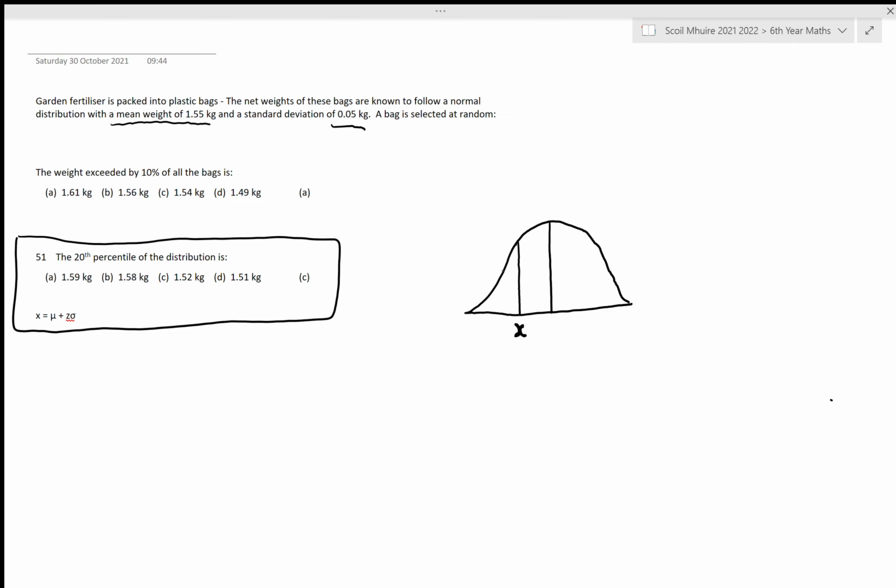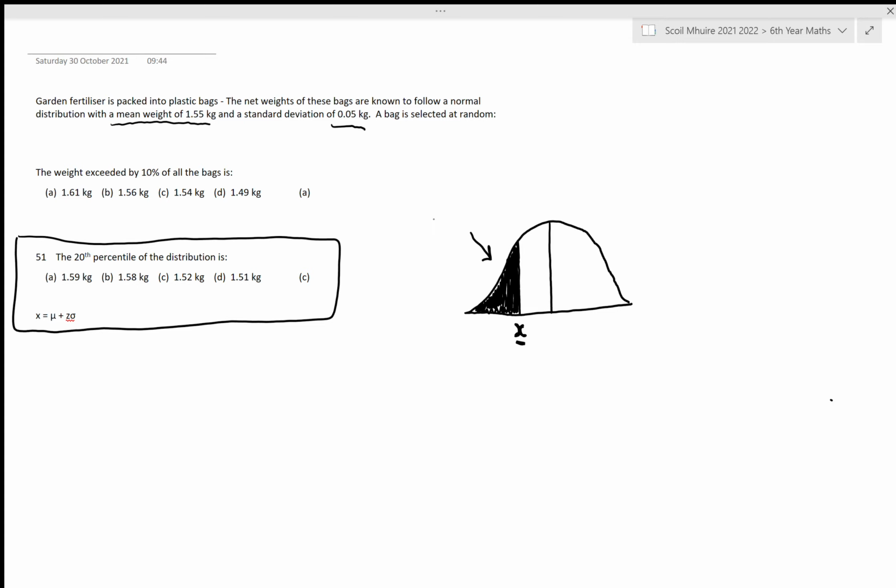So the 20th percentile is this area here. If you take your normal distribution curve as 100%, representing your total population, you're looking for the weight which 20% of your population will have a weight lower than.